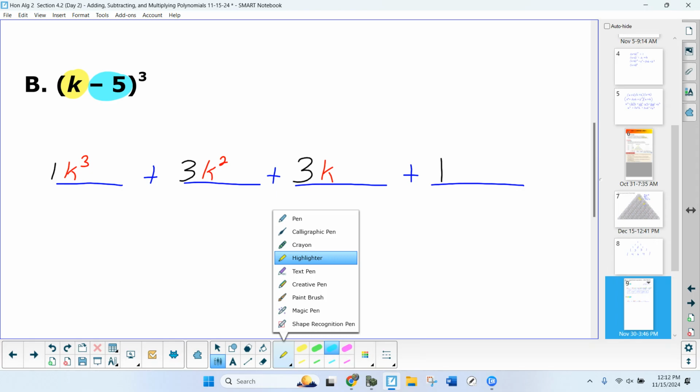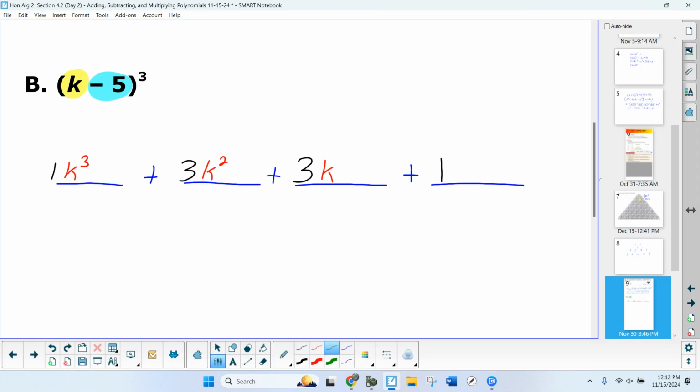So let's see here. How many -5s do I have in the first term? None. How many do I have here? 1. How many do I have here? And how many do I have here? Okay. Are you guys okay with the setup?